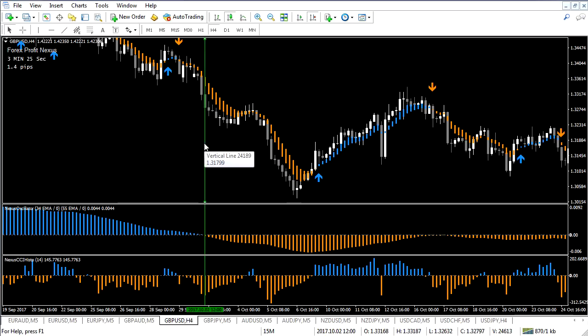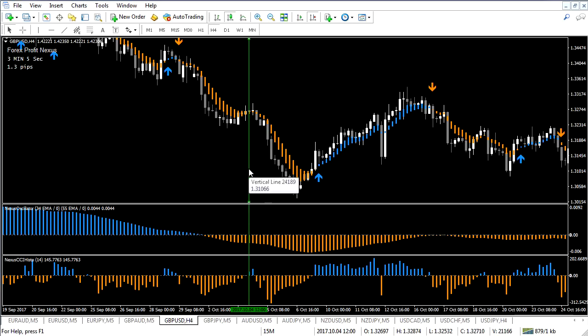What happens though is the wave narrows, but it never turns blue. So we still have that smaller trend still intact. But we do get an instance down here where the CCI turns blue. And even though the wave hasn't changed direction, remember, we're not really looking at the wave for the CCI trades.